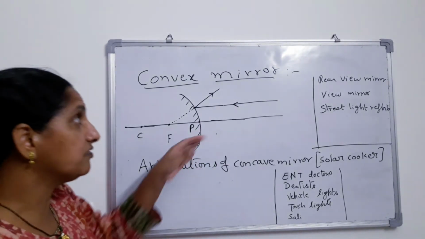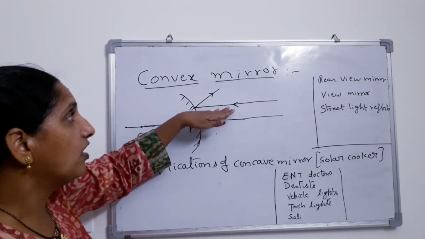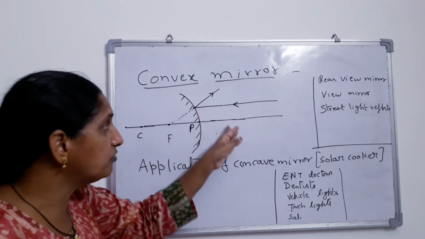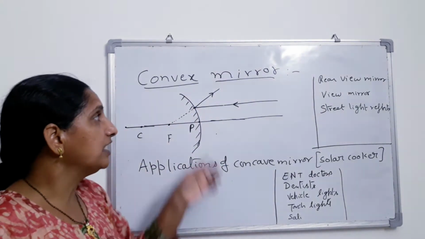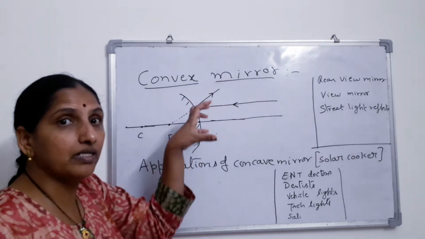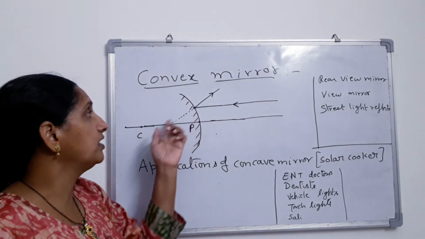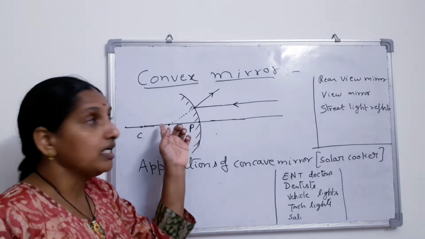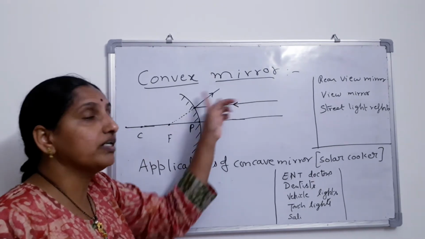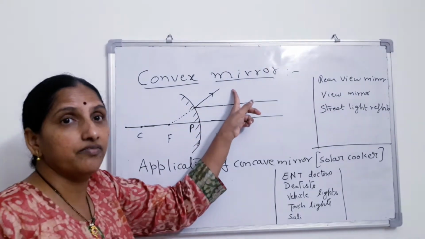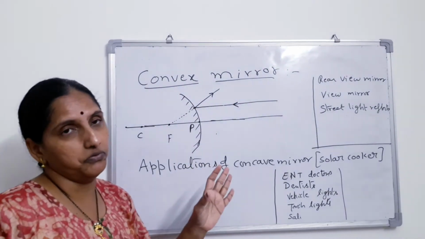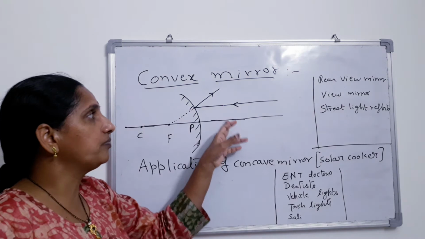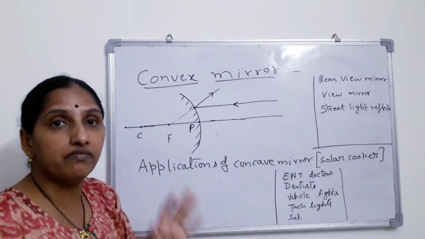In a concave mirror, on reflection it passes through the focus. Here, in the convex mirror, it gets reflected as though the ray is coming from the focus.